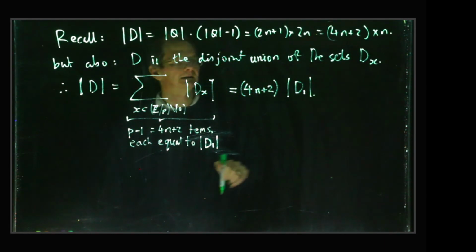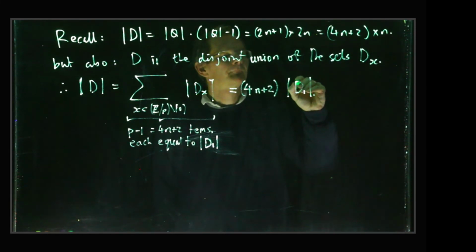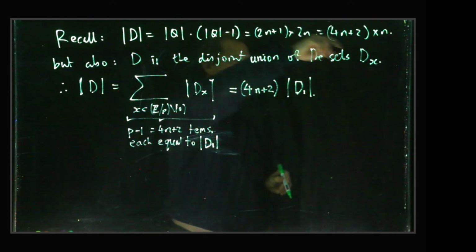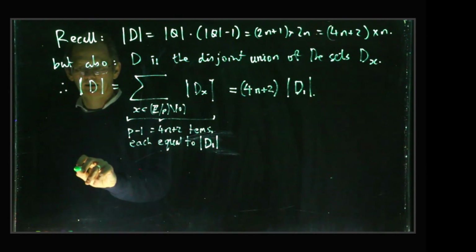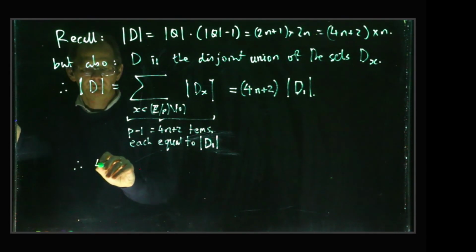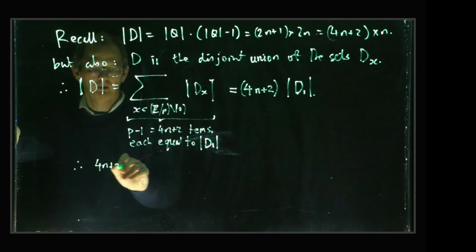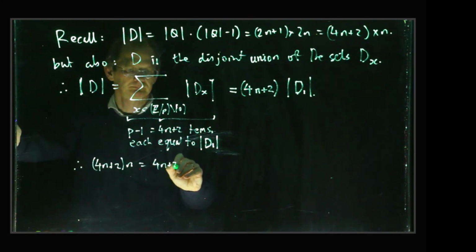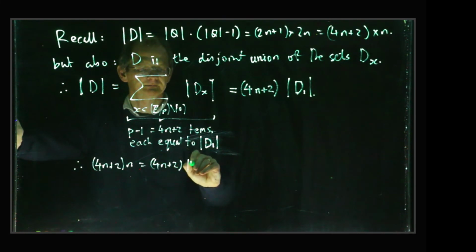But we already said the size of D is (4n plus 2) times n. So just putting this together, we've got (4n plus 2) times n is (4n plus 2) times the size of D1.